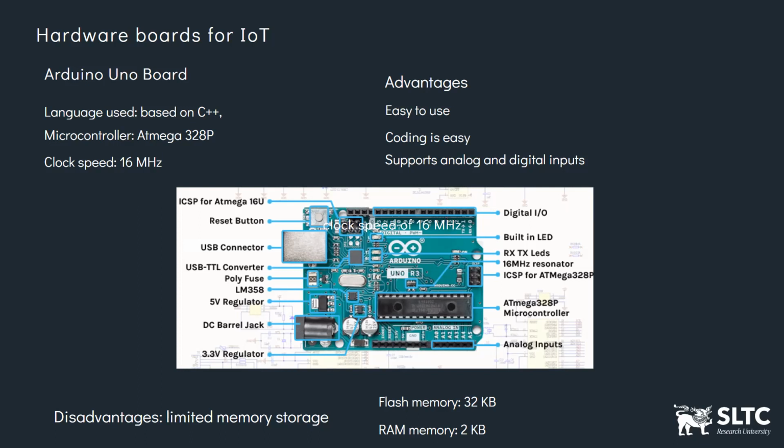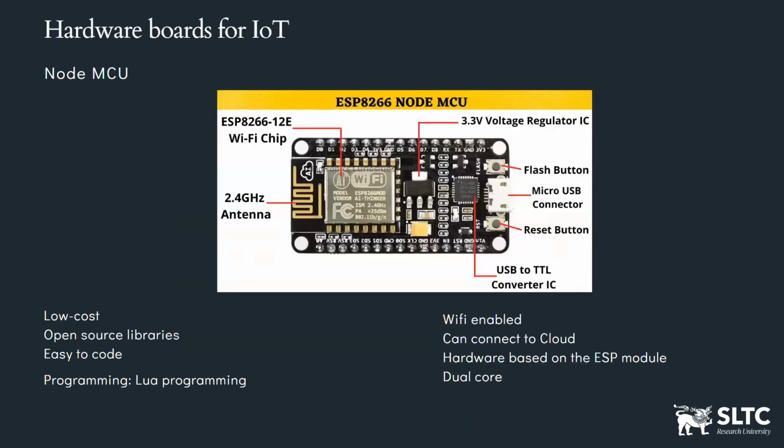The Arduino Uno board is a really good board for working, but the amount of storage and processing available in the board could sometimes be insufficient for certain applications. Also, this Arduino Uno board has only a single core. That means it has only one processing unit, and therefore it is not able to do very high computational tasks.